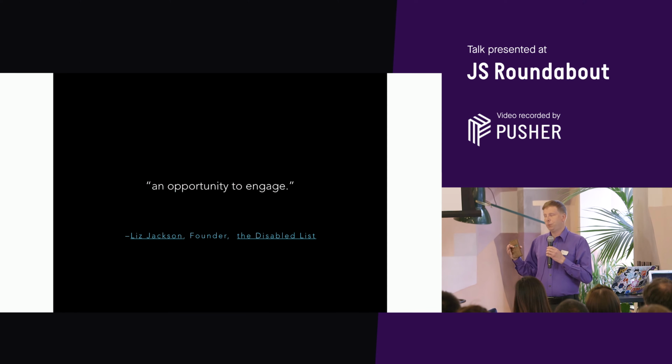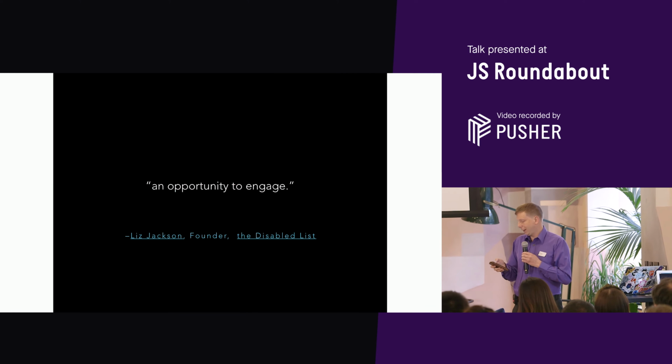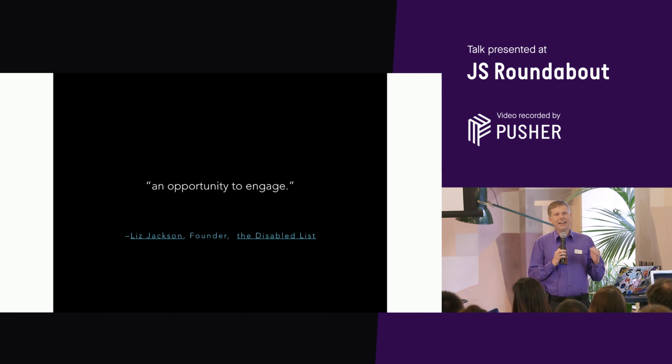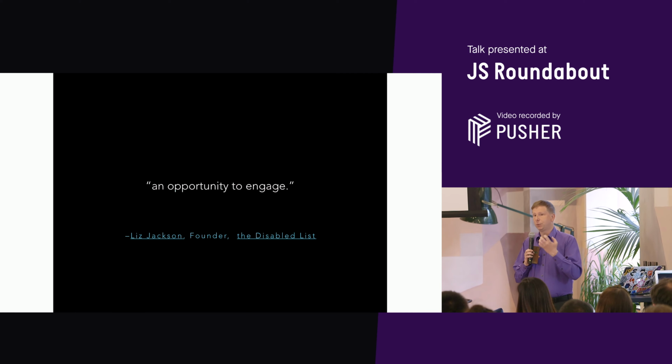We don't want to let down other customers by not making sites accessible for them as well. So what is accessibility? It's not a checklist, but it's an opportunity. We can engage our users. We can really benefit from their view of what we have built and help them and help ourselves as well and help our organizations that we work for.